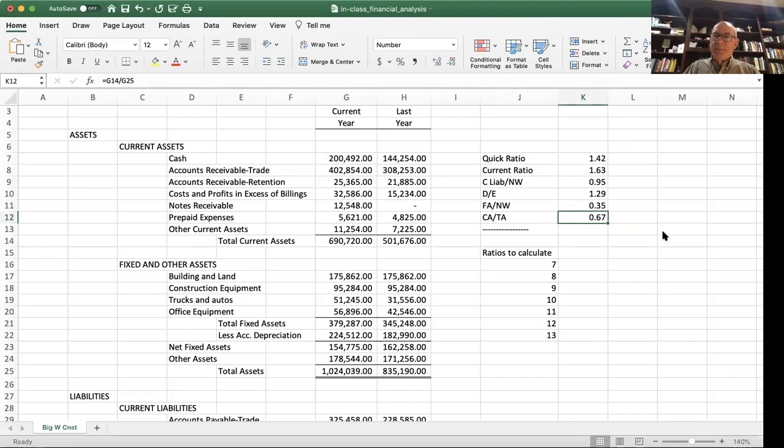But it's the current typically that matters. Okay, so I just noticed a couple of chats. The quick ratio formula question is cash plus short-term investments, which in this example, there are no short-term investments. So it's the sum of those plus receivables, accounts receivable.